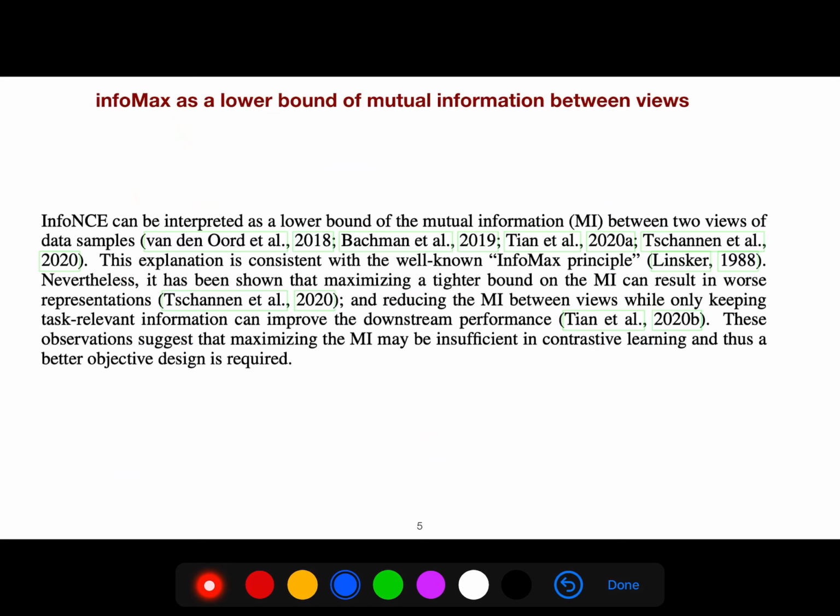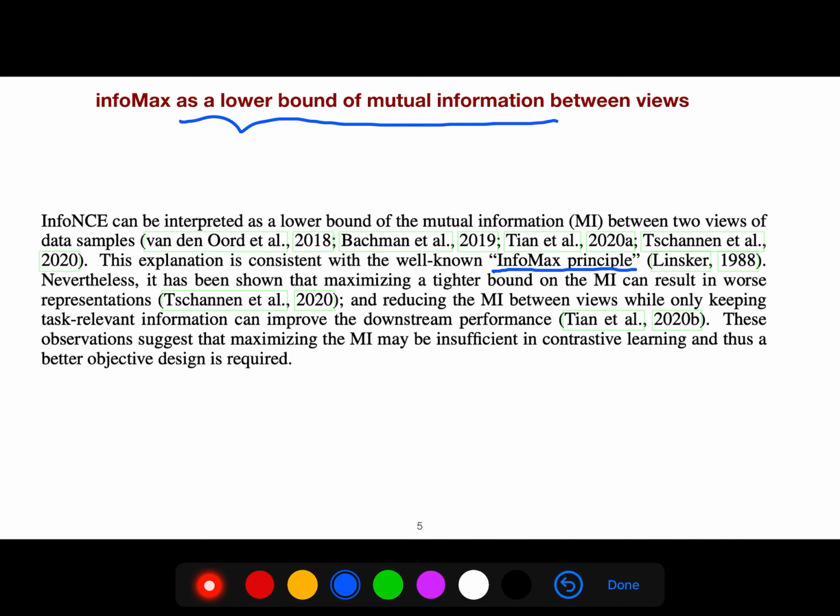InfoMax can be seen as a lower bound of mutual information between the views. And InfoNCE can be interpreted as a lower bound of the mutual information between the two views of data samples. This explanation is consistent with the InfoMax principle.